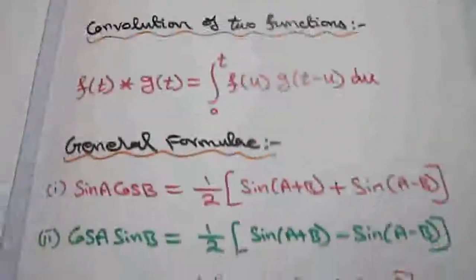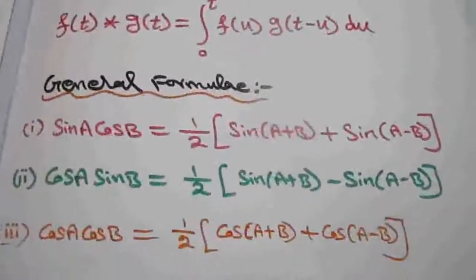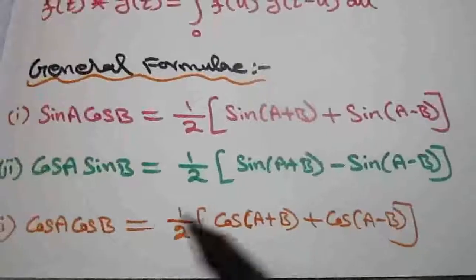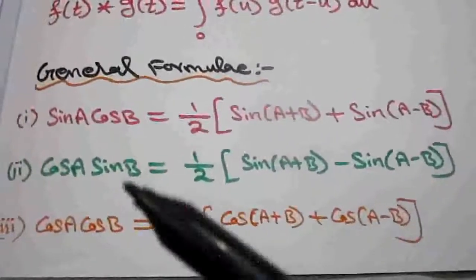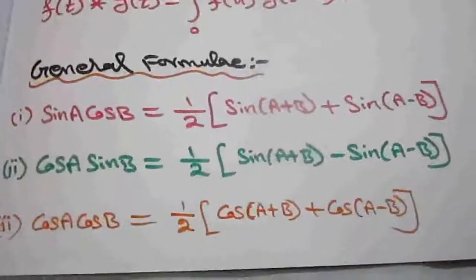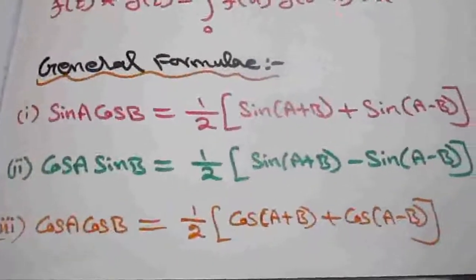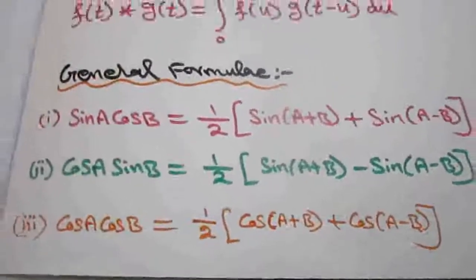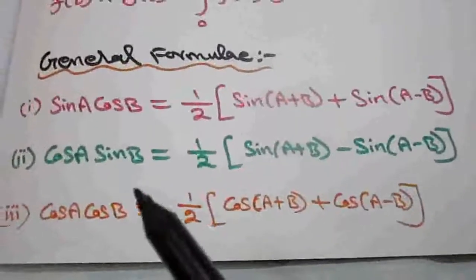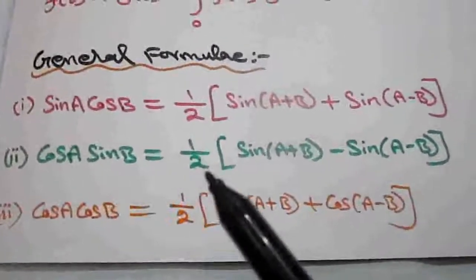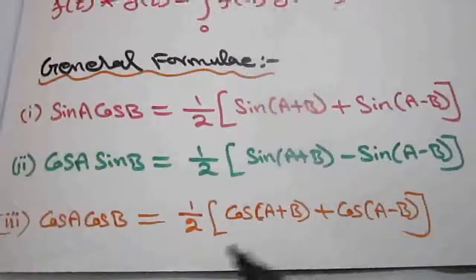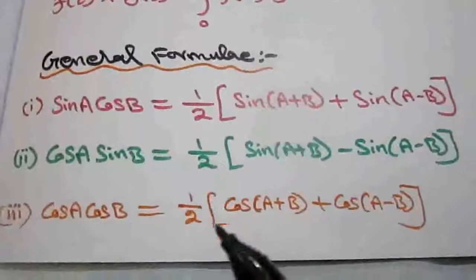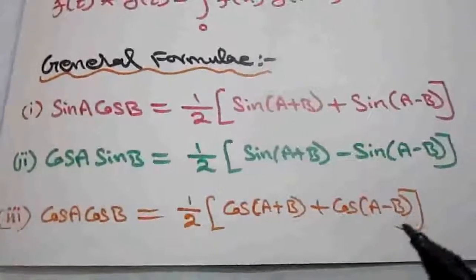So in this problem, we have to use some general formulas. The important general formulas are: sin A cos B is 1 by 2 of sin(A plus B) plus sin(A minus B). Cos A sin B is 1 by 2 of sin(A plus B) minus sin(A minus B). Cos A cos B is 1 by 2 of cos(A plus B) plus cos(A minus B).